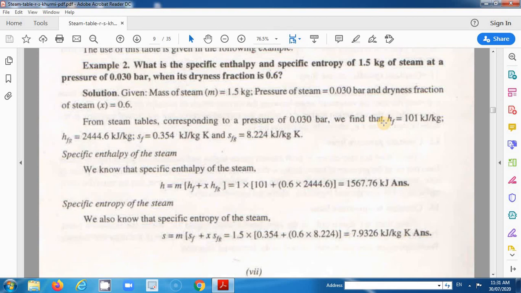So, knowing all these things, at a pressure of 19 bar you use the pressure-based steam table and accordingly extract the values. Try to put in the formulas and solve this example. Otherwise, next time we will solve this example in class. Thank you.